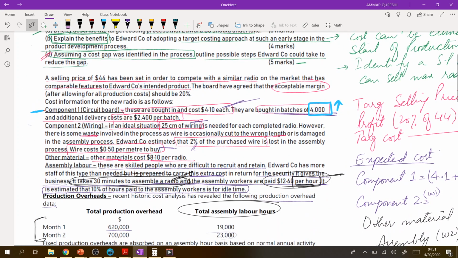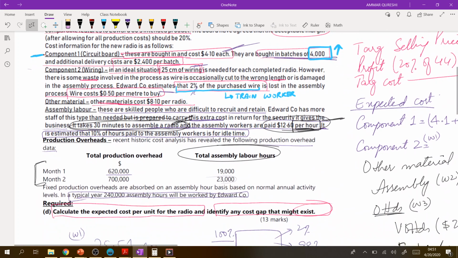Wiring has an unnecessary element of wastage, 2% of unnecessary wastage. You can train your worker so that he will not cut the wire with a long length, so that you can eliminate this loss as well. So ultimately your cost can be reduced.